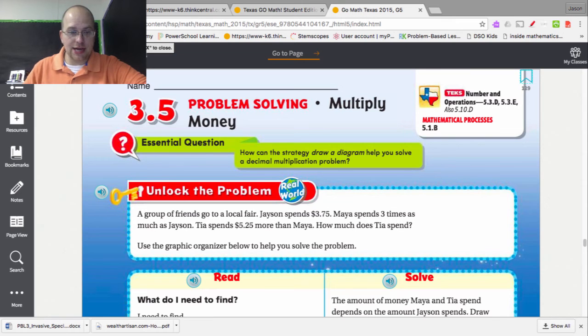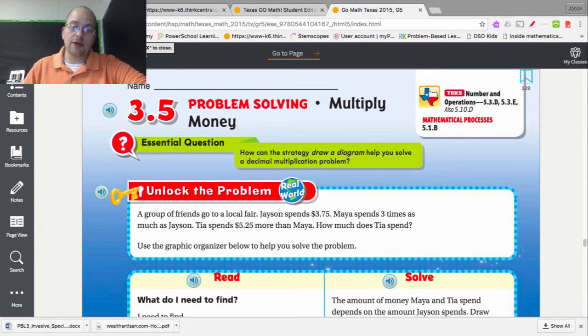Maya spends 3 times as much as Jason, and Tia spends $5.25 more than Maya. How much does Tia spend? Ooh, we've got lots of parts to this one. So we have to find out the answer to this in sections. This is good practice for your PRBL, by the way.